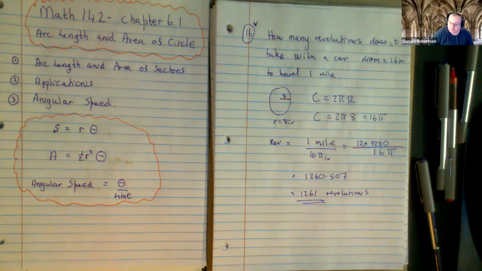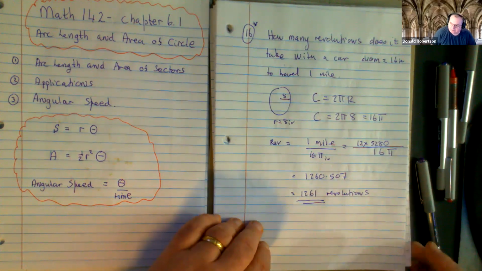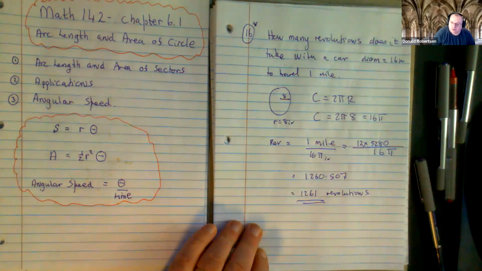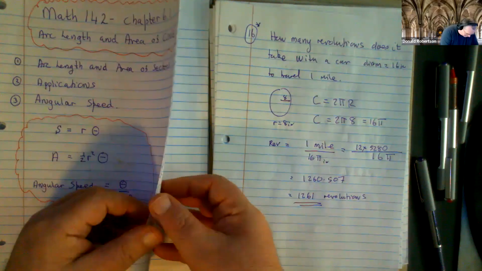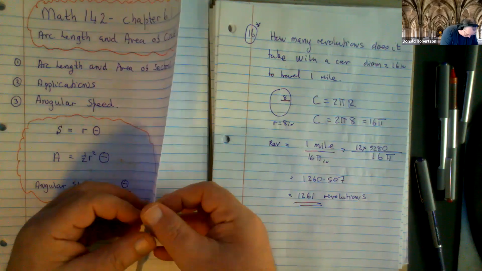You can imagine that that would be a lot of turns. Are we okay with that question? How many revolutions? Now, the question I was talking about was one of my favorites, if not my favorite from this section, is this question here, which is question number 19.